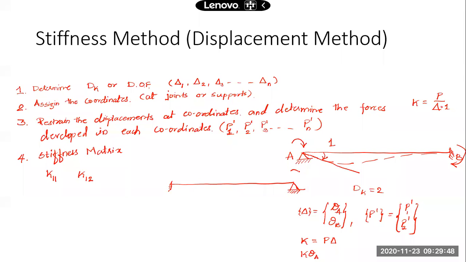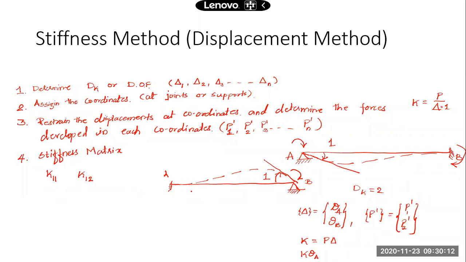And please note, I'm giving displacement in the direction of the coordinate. If I have taken the direction of the coordinate as clockwise, here I'll be giving unit displacement in the direction of the coordinate only. So here I have given unit rotation in the second coordinate now.